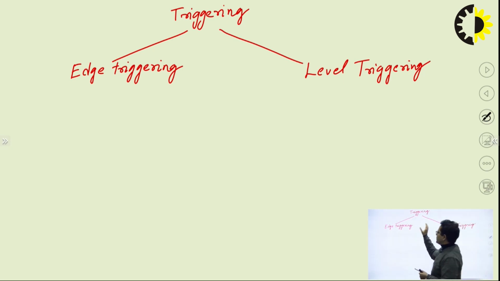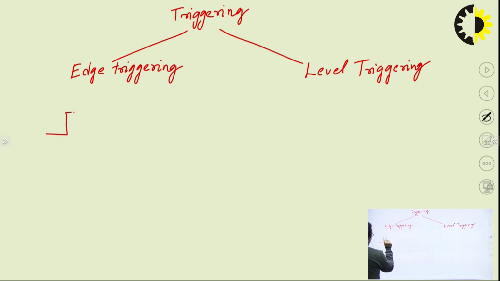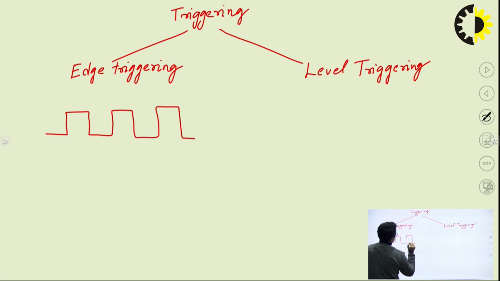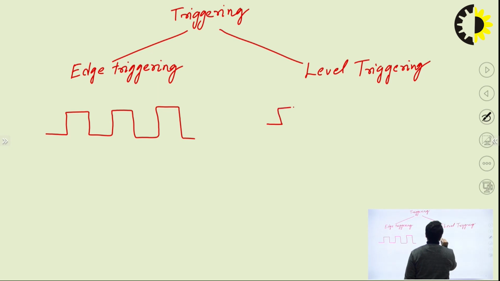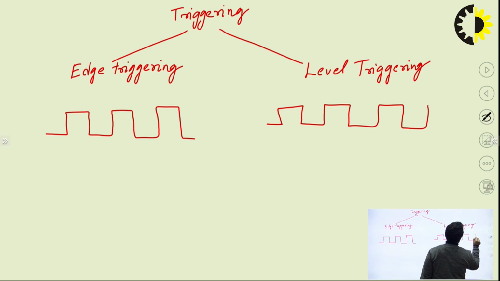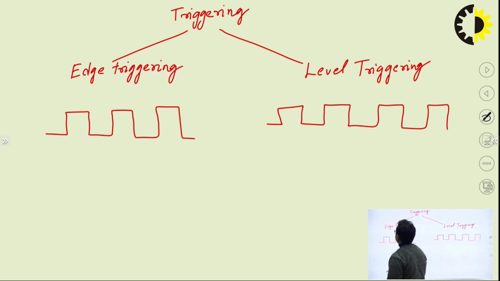So triggering is of two types: edge triggered and level triggered. Now what is the meaning of edge triggered and level triggered? Let us try to understand with the help of a figure in terms of a clock pulse. Suppose I have this series of clock pulses available. Similarly, I will draw the same thing on this side, so that we can easily get the concept of the difference between edge triggering and level triggering.